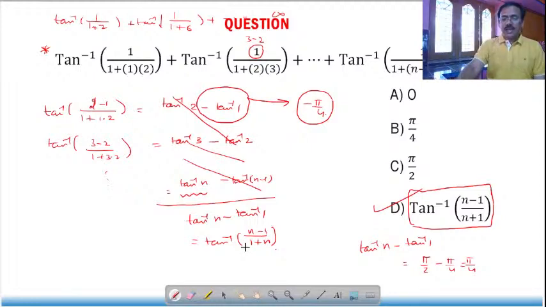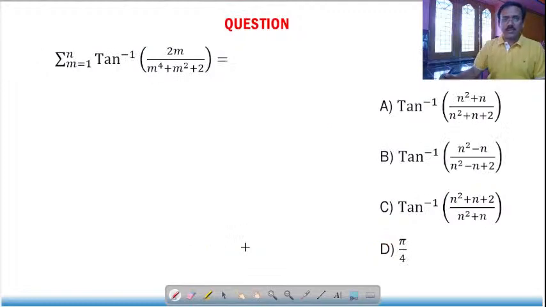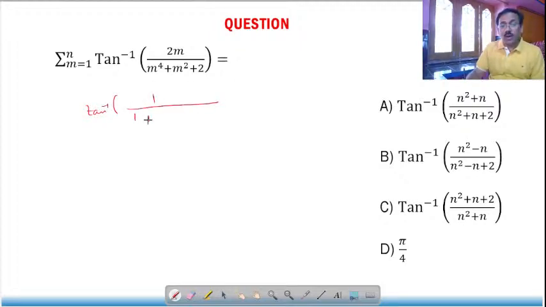Right. Then next, dear friends, you see this question, how to do this? So this one, you can write the denominator part. First, you try to write like 1 plus m power 4 plus m square plus 1, 2m here.